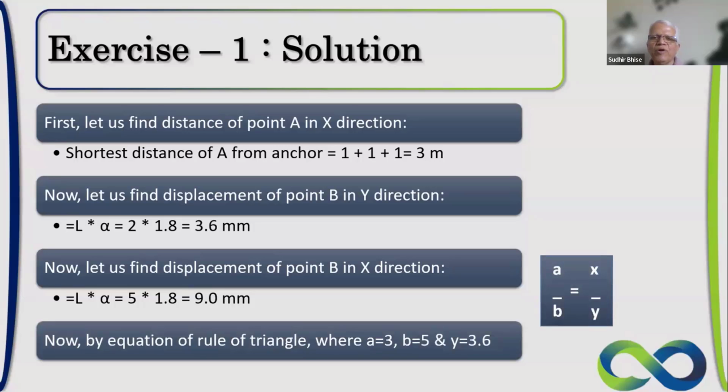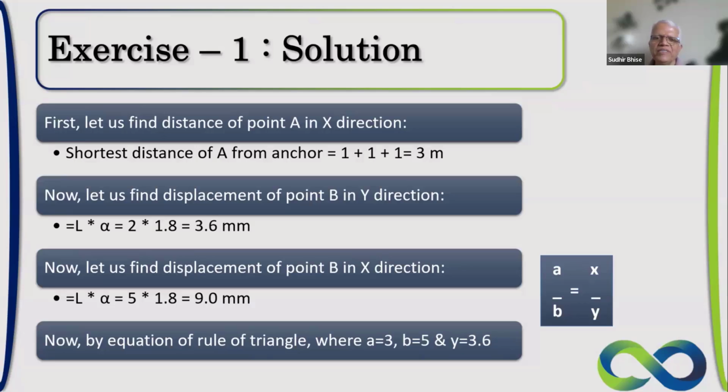And now we have all the three parameters for this equation. We have the equation A upon B is equal to X upon Y. Let us fill in the values: for the point of interest, the distance is 3 meters. The known displacement is at point B, which is 3.6 millimeters, and the distances are known.